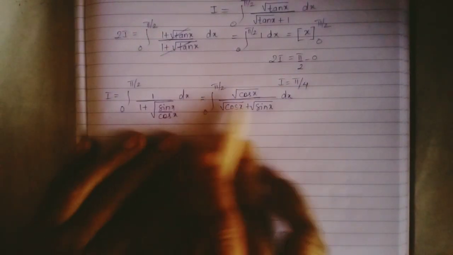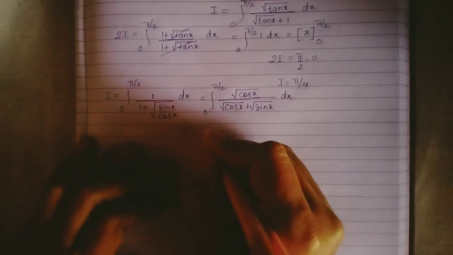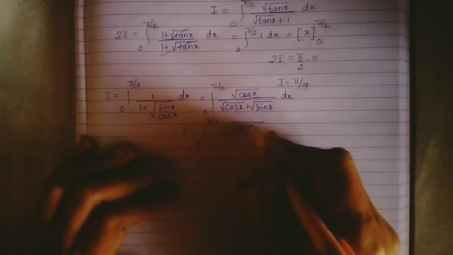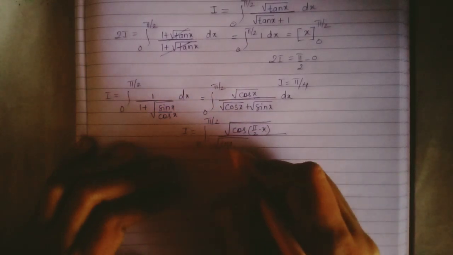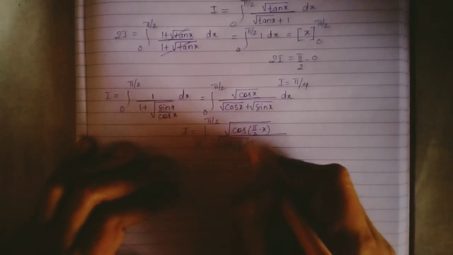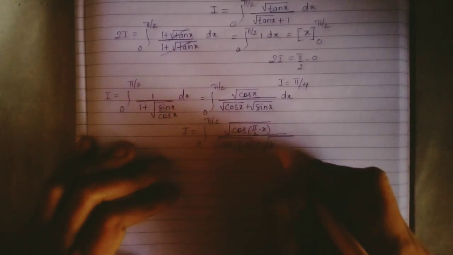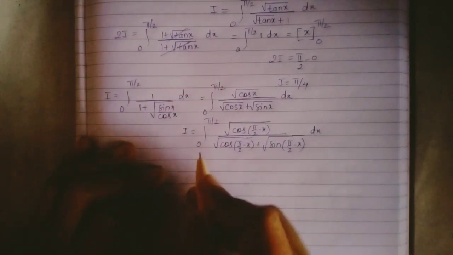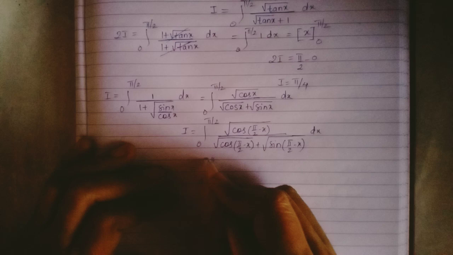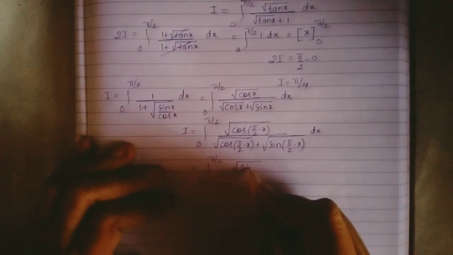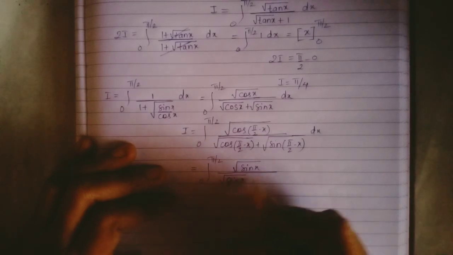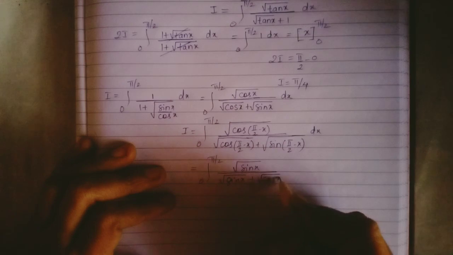Now applying that property, you will get root of cos of pi by 2 minus x upon root of cos of pi by 2 minus x plus root of sine of pi by 2 minus x, which you can write as root of sin x upon root of sin x plus root of cos x, dx.